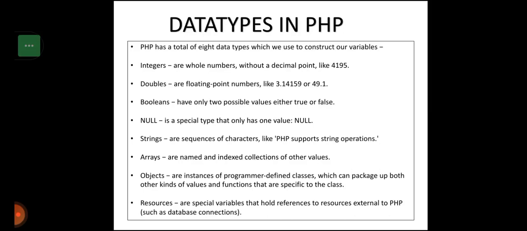Double. Doubles are floating point numbers, like 3.14, 49.1, with a decimal point. Then Boolean. Booleans have only two possible values, either true or false, 0 or 1.